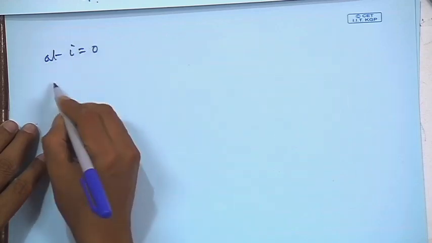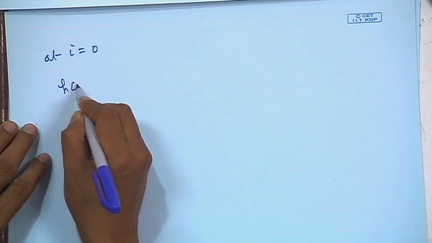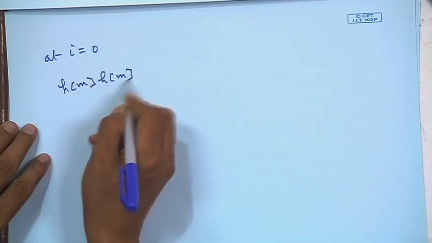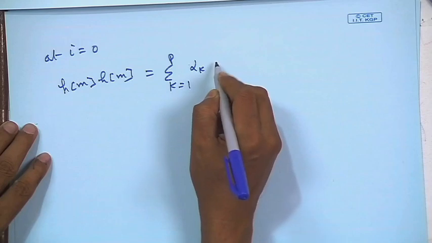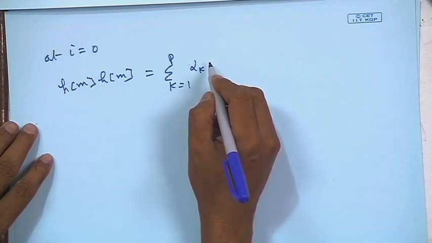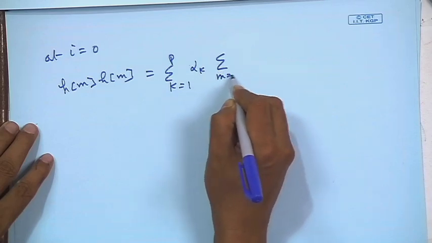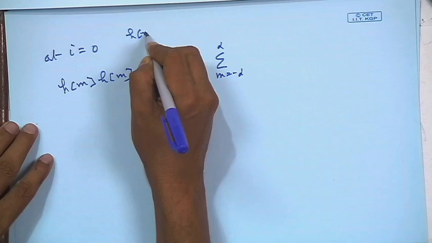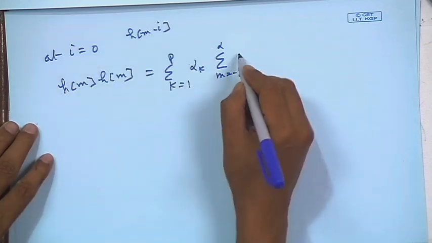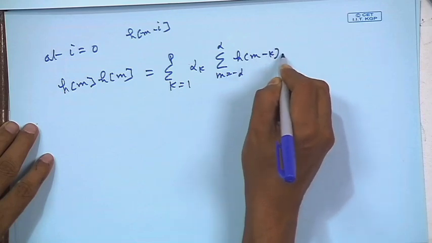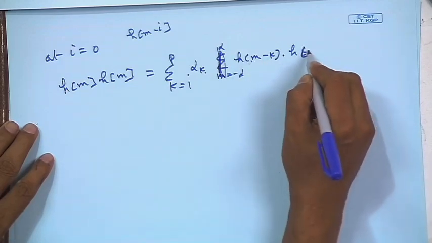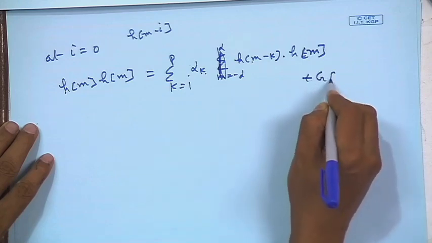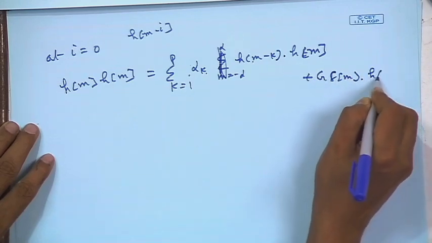Now, at i equal to 0, h(m) into h(m minus i) is nothing but h(m) multiplied by h(m). The sum over k equal to 1 to p of alpha_k times the sum over m equal to minus infinity to infinity of h(m minus k) into h(m), I have taken minus infinity to infinity, plus g delta(m) into h(m).